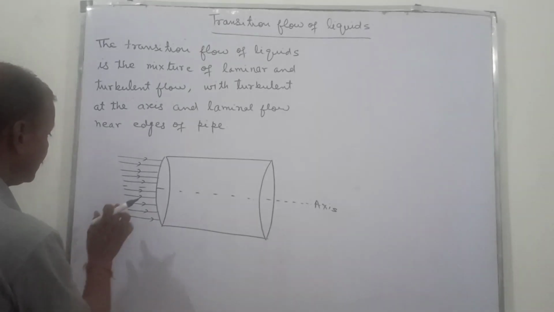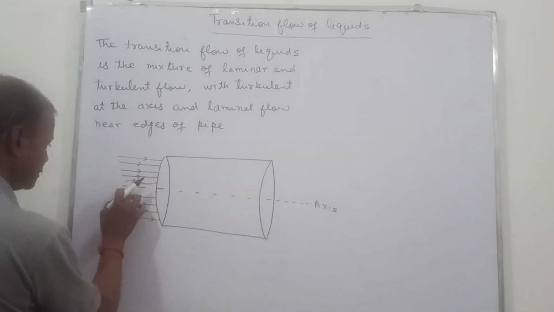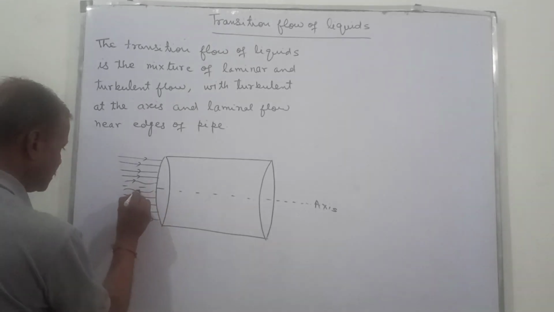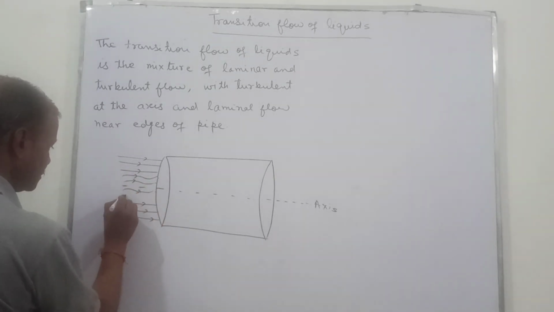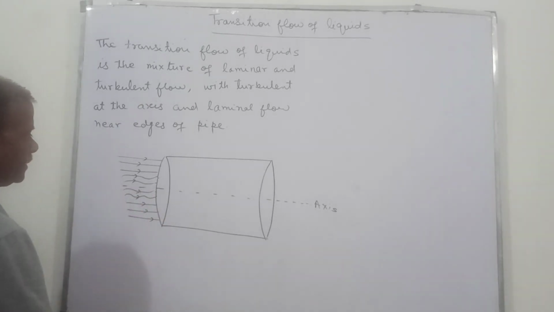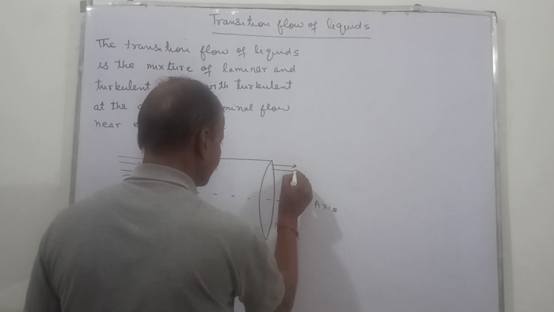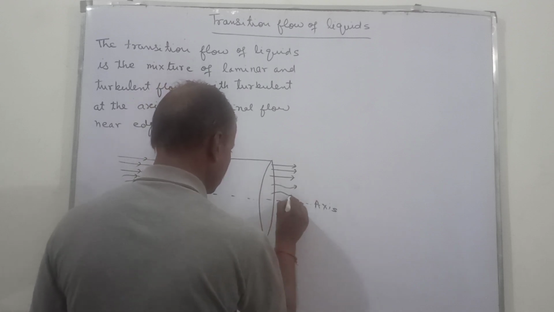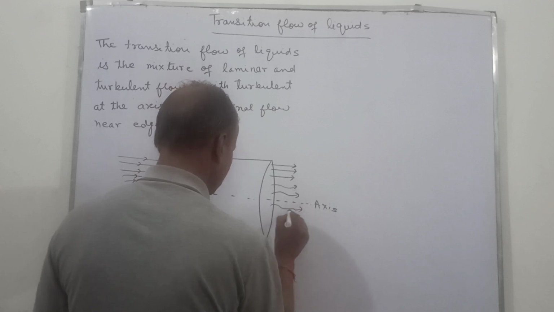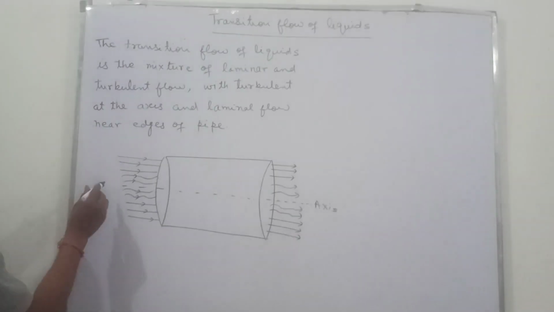Then what we are having? Near this axis the flow is like this. And here we have the turbulent flow.